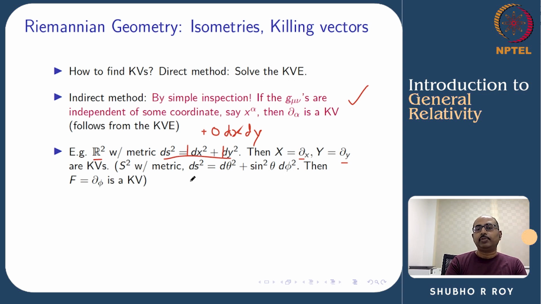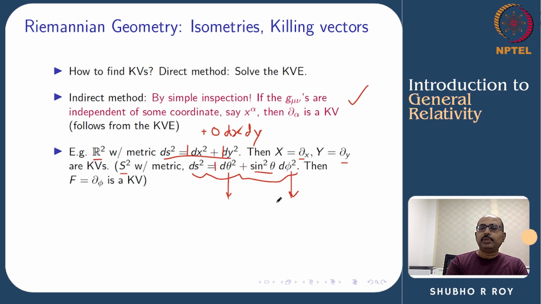Another example which I will cite is the 2-sphere S2, which is given by this metric in coordinates which can be identified as the colatitude theta and the longitude phi. Looking at the metric components, you can see they are 1, sine squared theta, and for the d theta d phi term, it is 0.